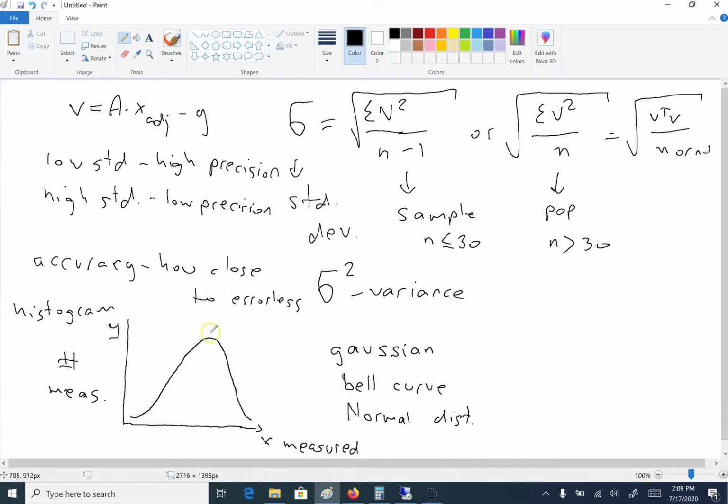For a bell curve or a Gaussian distribution, the number of measurements mostly cluster around the average, and the farther away we get from the average, the fewer and fewer measurements there are. It's a symmetric distribution, that is, both sides cover the same area.